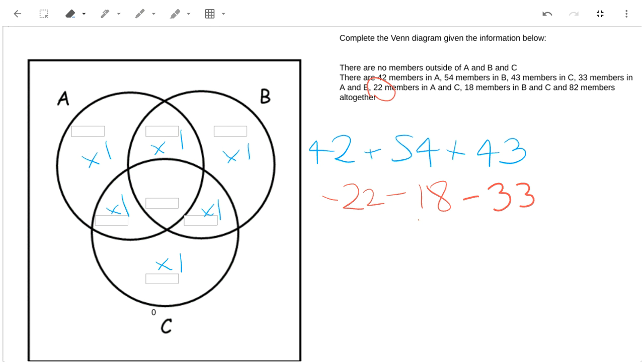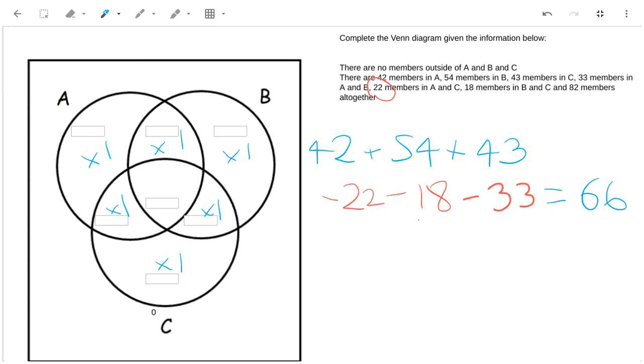So what have I counted? Well, I've counted those 1, 2, 3, 4, 5, 6 zones. And the number of members in those, I'm going to add that up: 42 plus 54 plus 43 minus 22 minus 18 minus 33. That gives me 66.